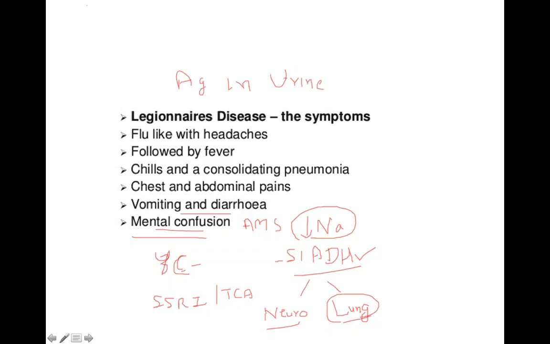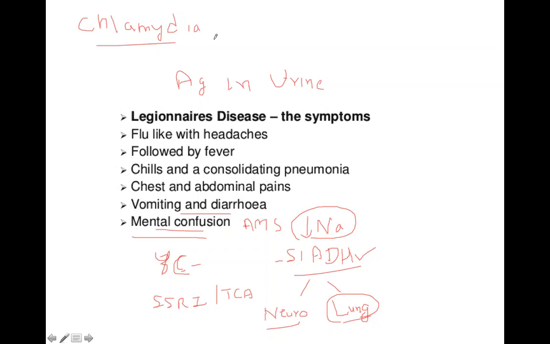Next we have chlamydia pneumonia. It mainly occurs in poultry farmers or bird raisers, and there is a triad of meningoencephalitis, splenomegaly, and pneumonia.